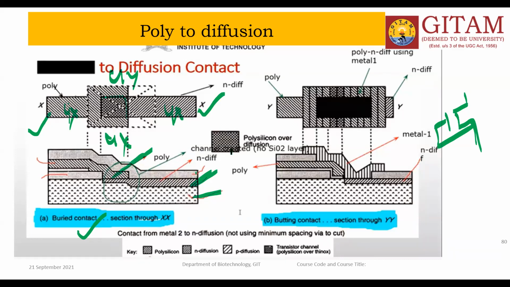To establish the connection from poly to the source of the n-diffusion, what is required?